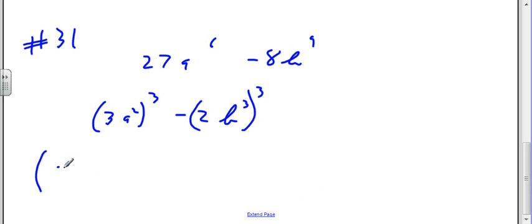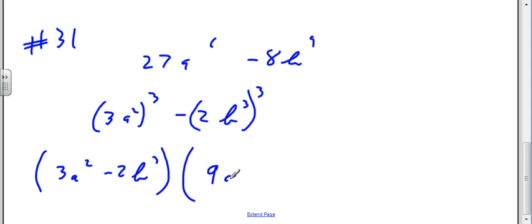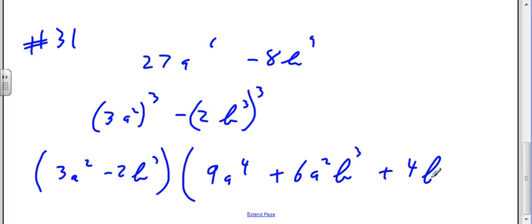We factor it: 3a squared minus 2b cubed times 9a to the 4th plus 6a squared b cubed plus 4b to the 6th. And then we ask ourselves, can we factor anything else? And the answer is no, so we move on.